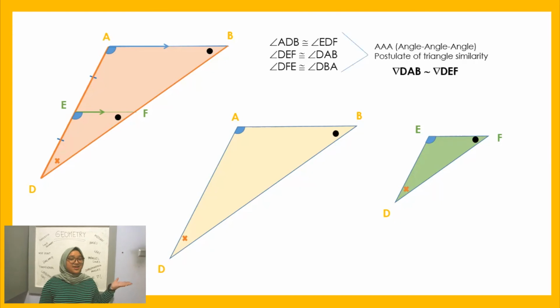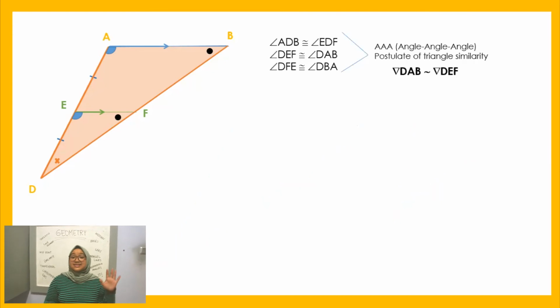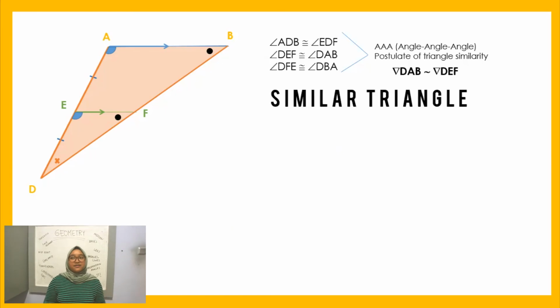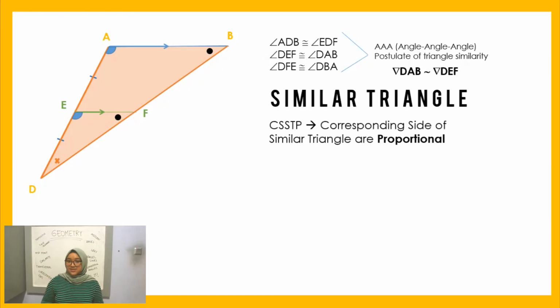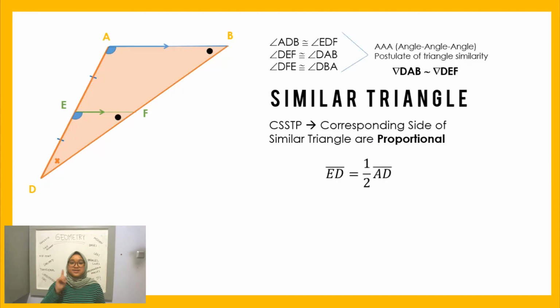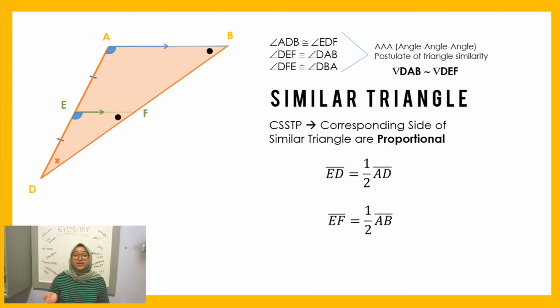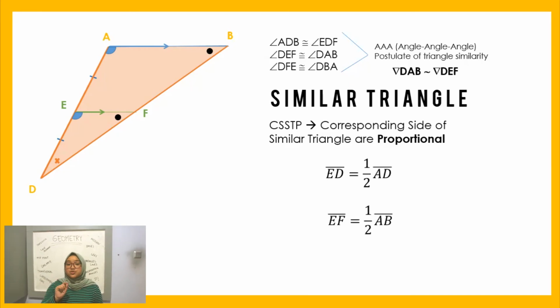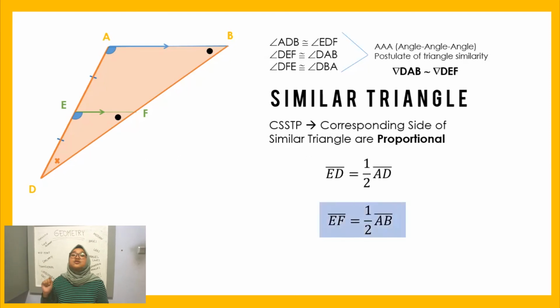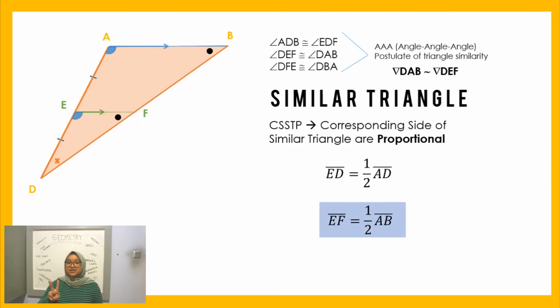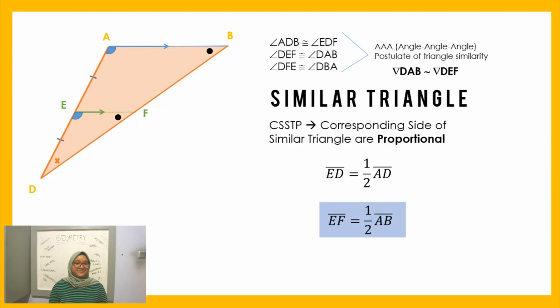Same as the similar triangles before, these triangles will also have proportional sides. Yes, when ED equals half of AD, EF will also equal half of AB. So this is the second equation that we need for the midpoint.